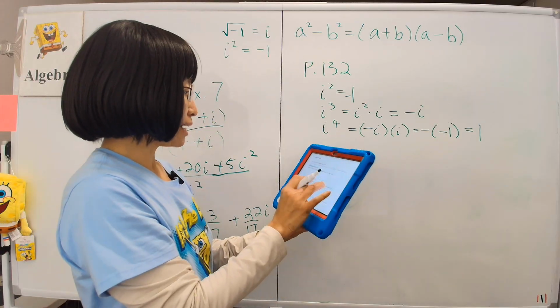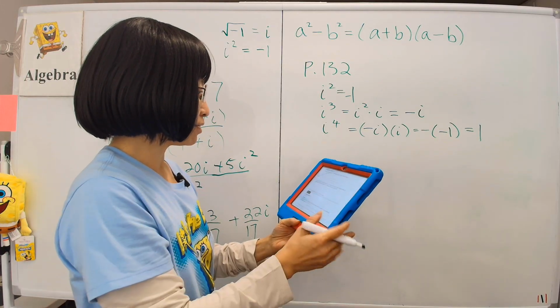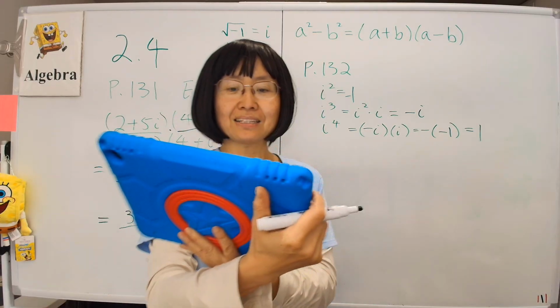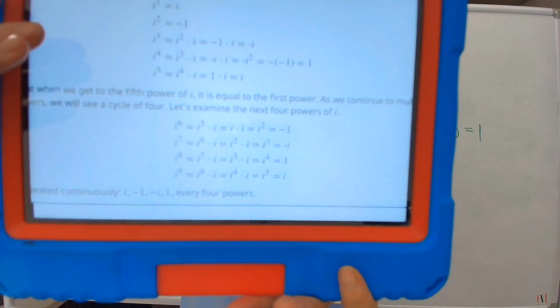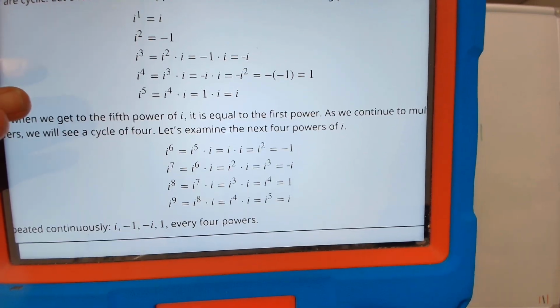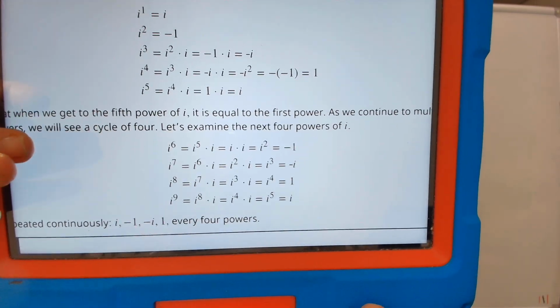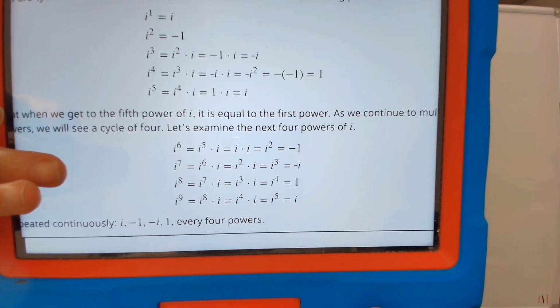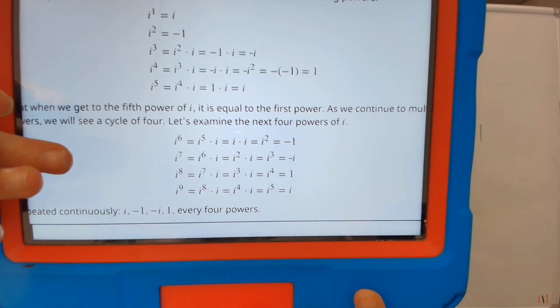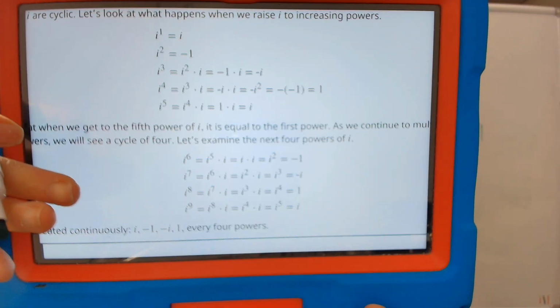So you can keep going. Like your book says, once you know that i to the fourth is 1, the cycle repeats itself. Because i to the fifth is just i to the fourth times i, which is i again, i to the sixth is negative 1, i to the seventh is negative i, and i to the eighth is 1 again.